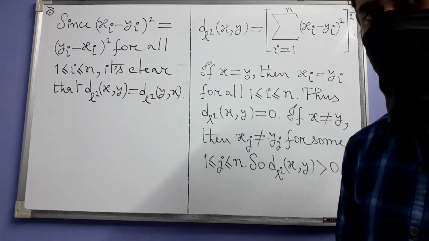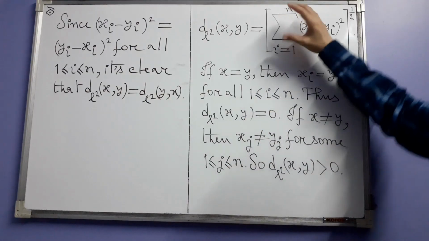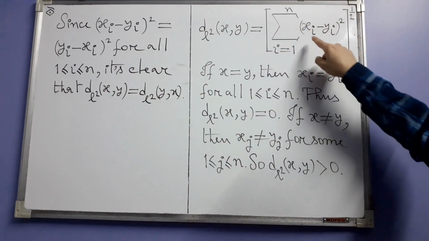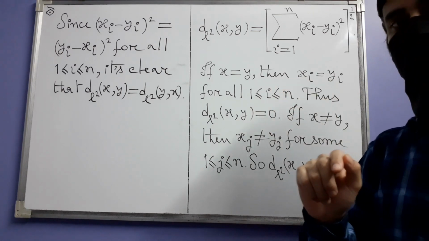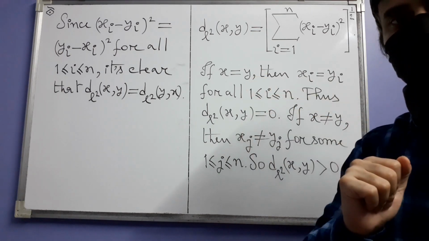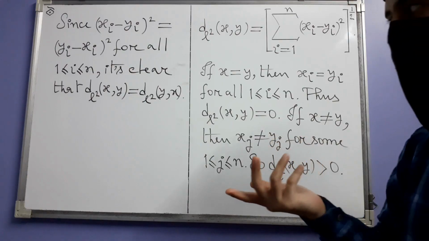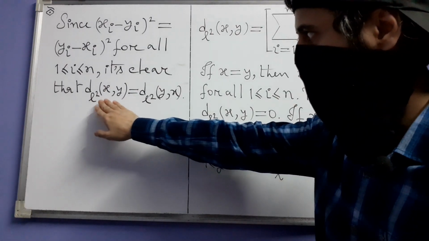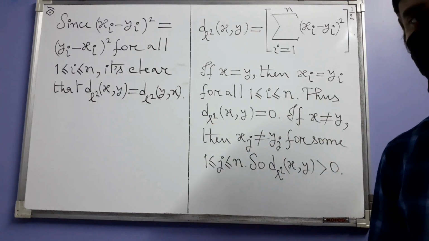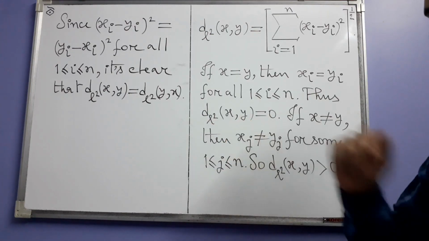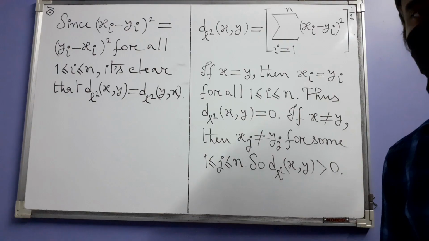For all i, it's clear that this sum, if you have xi minus yi, is equal to the corresponding sum where you have yi minus xi. So their square roots are also equal, and that is why the dl2 value of x comma y is equal to the dl2 value of y comma x. And as such, dl2 satisfies the symmetry condition.